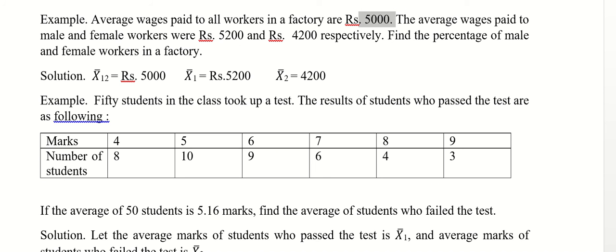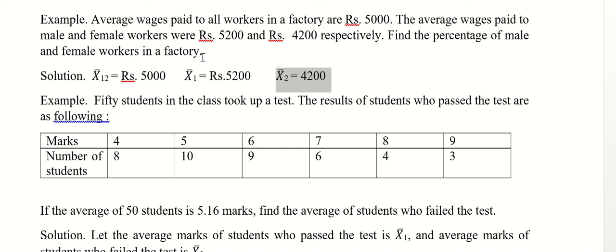It means mean 1 and mean 2 are also given to us, right? So what is all given to us? X bar 1, 2, the combined mean, is given to us. Mean 1 is given to us and mean 2 is also given to us, right? So find the percentage of male and female workers in a factory. So now we have to calculate the number of male and female workers, basically not exact numbers but percentage, right?